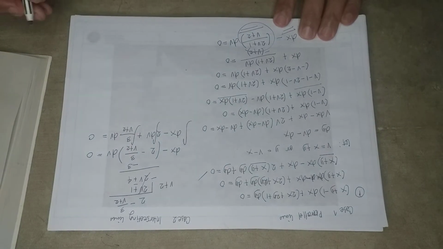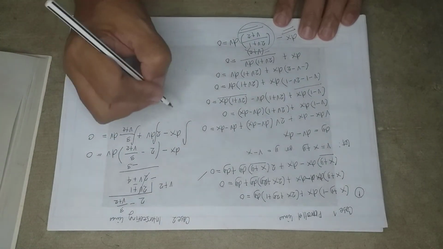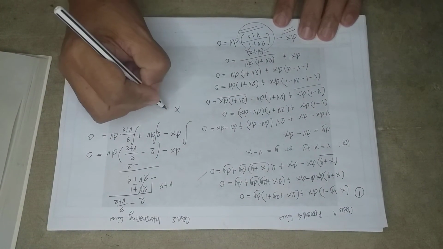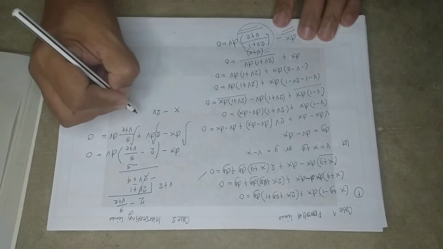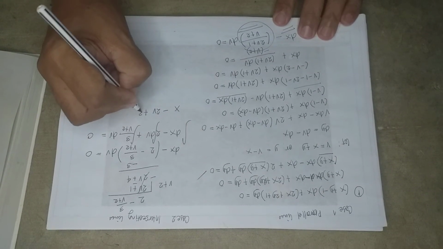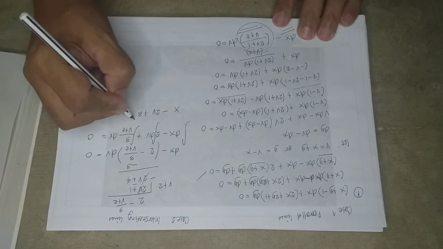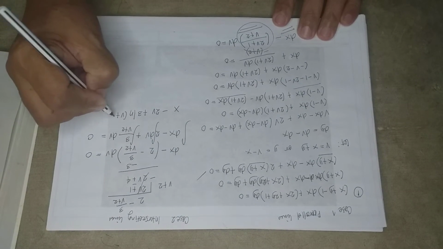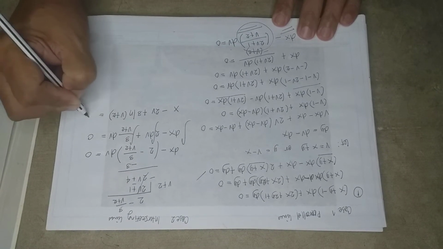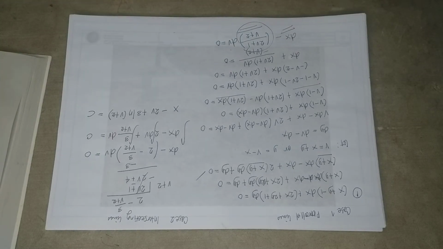So we have the integral of dx is x, minus 2v, plus 3 ln(v + 2) is equal to c.